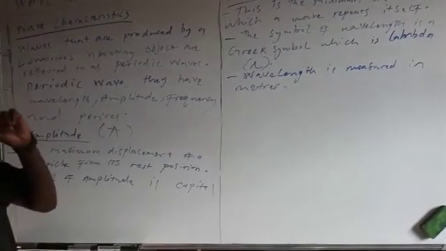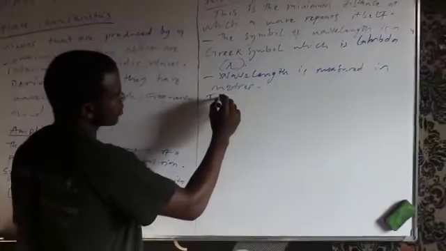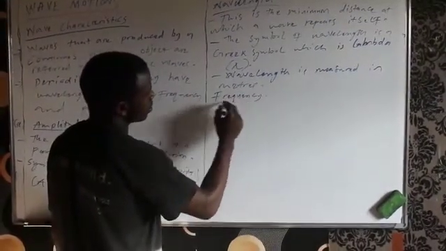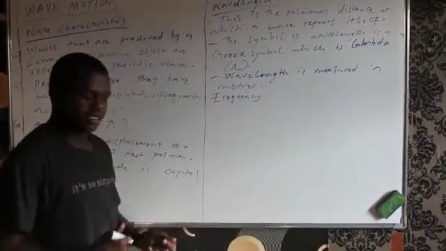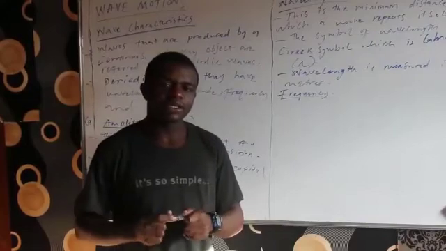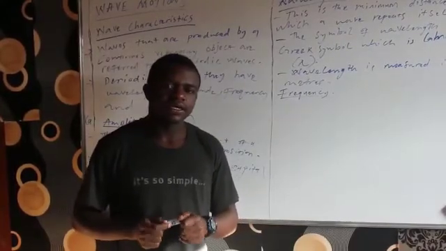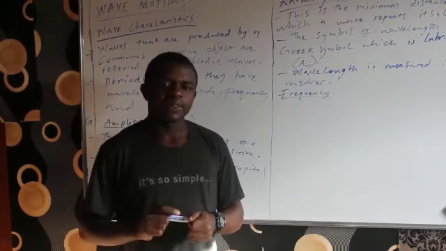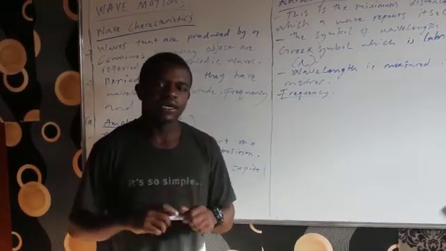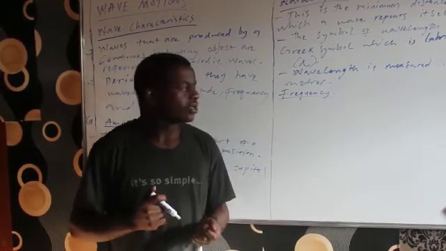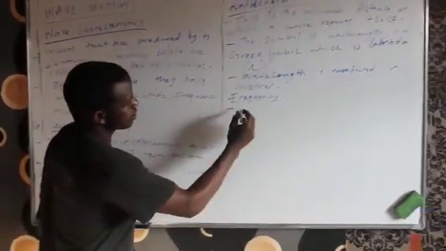We proceed. We look at frequency. Frequency is defined as the number of waves that are passing through a certain point per second. The symbol of frequency is capital letter F, and frequency is measured in hertz, which is Hz.